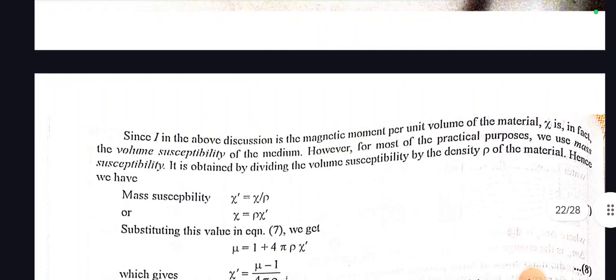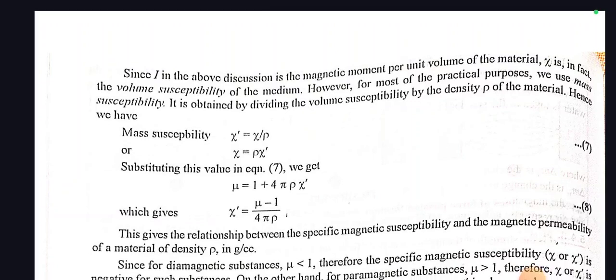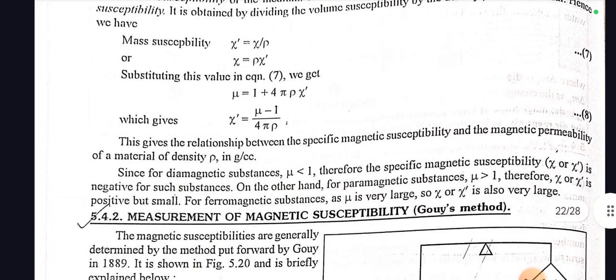Since I, in the above discussion, is the magnetic moment per unit volume of material, chi is in fact the volume susceptibility of the medium. For most practical purposes, we use mass susceptibility. It is obtained by dividing the volume susceptibility by the density rho of the material. Hence, we have mass susceptibility chi dash is equal to chi upon rho. So at last we get chi dash is equal to mu minus 1 upon 4 pi rho.